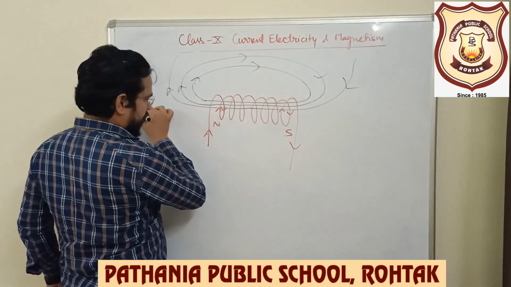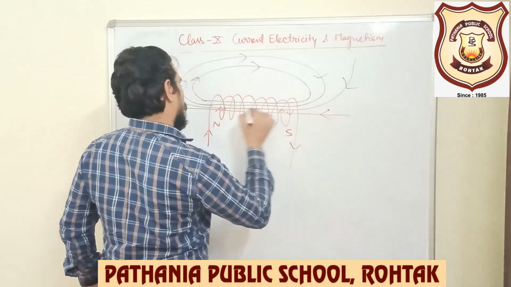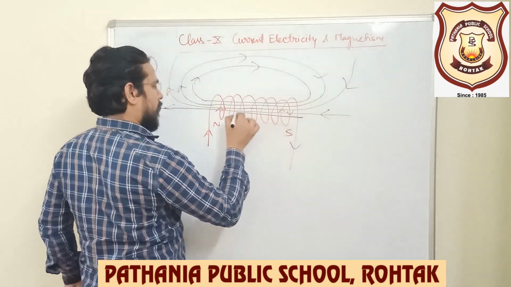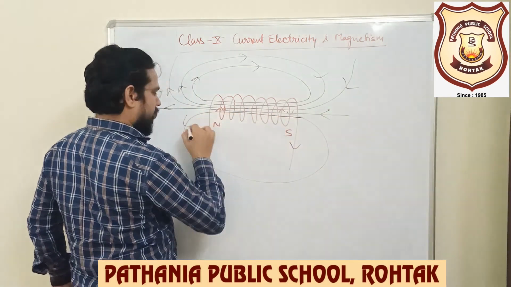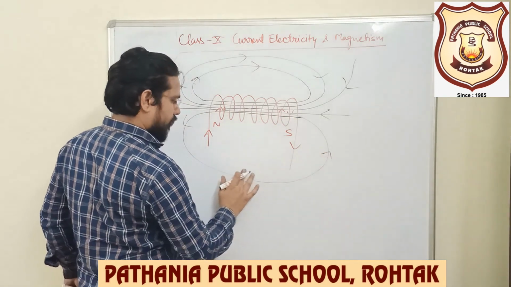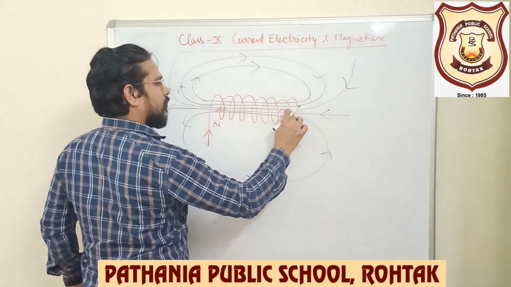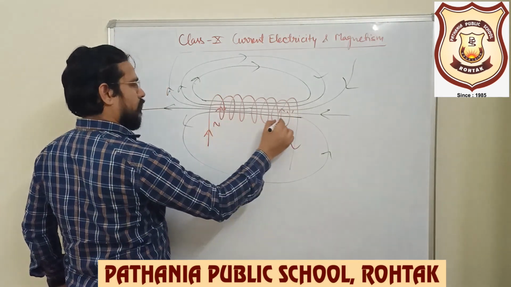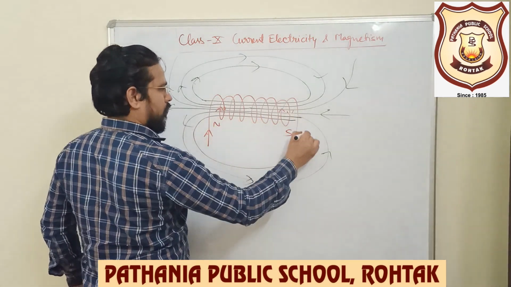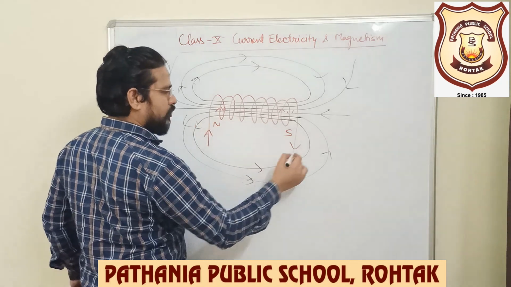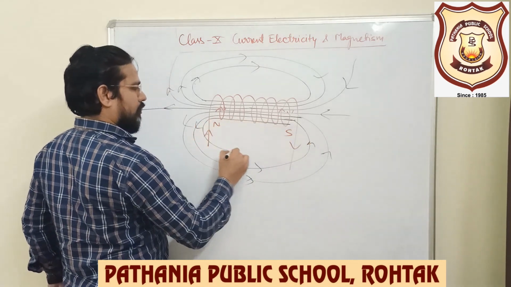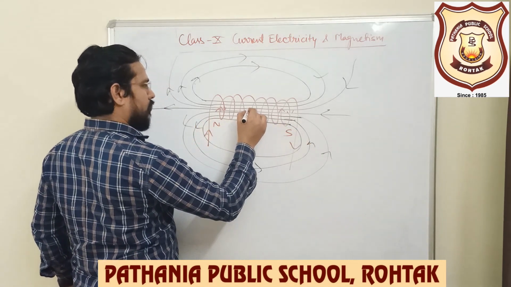In the interior of the solenoid, magnetic field is pretty uniform, while in the exterior of the solenoid, magnetic field is strong near the edges, or poles.